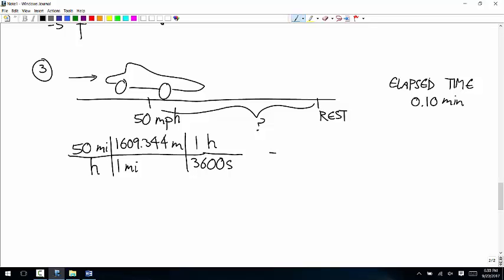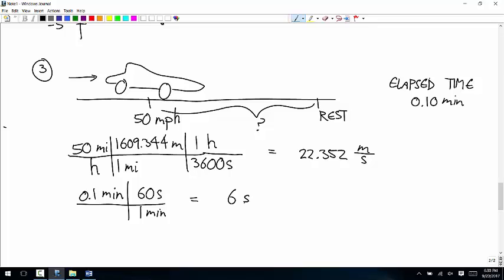So can someone calculate that for me? 22.352 meters per second. And then 0.1 minutes. 1 minute is 60 seconds. And so you get 6 seconds.